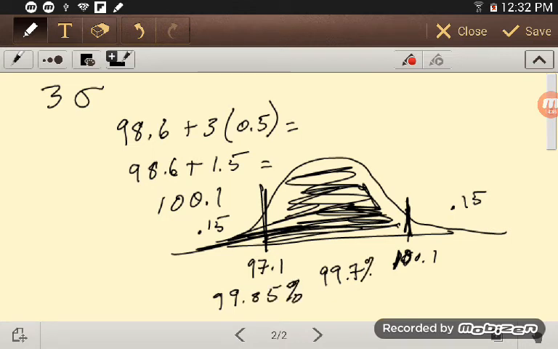I should put percent here, and these are percents. So 99.85% of all people should be, at least given my standard deviation here that I used, below a temperature of 100.1. So if you're above that, I'd say it's a pretty good chance you're running a fever, right? Because you are probably not in that group.